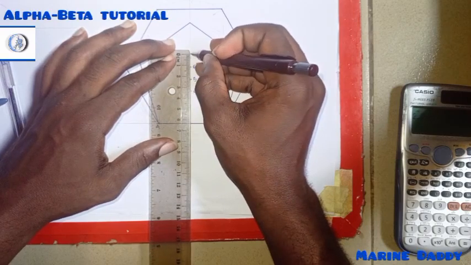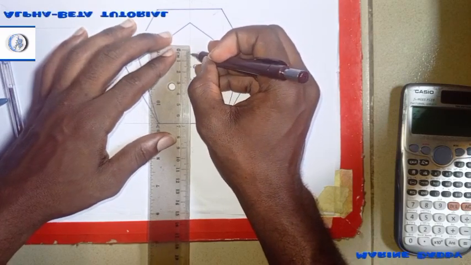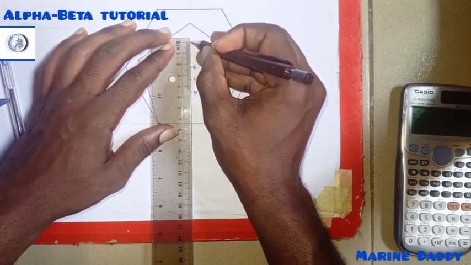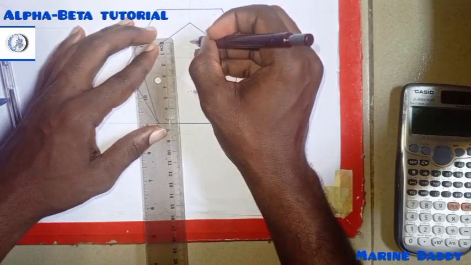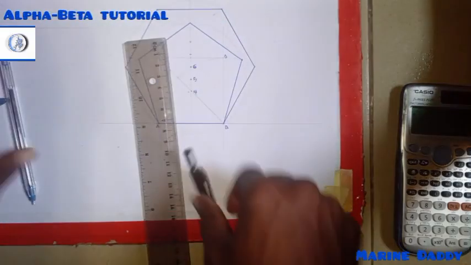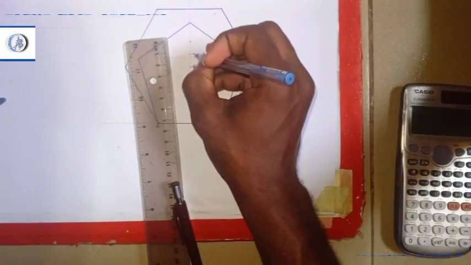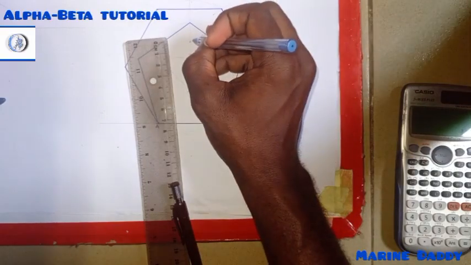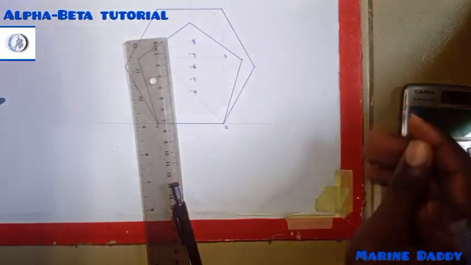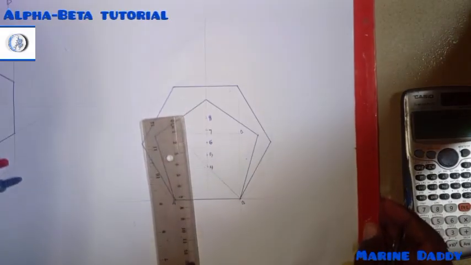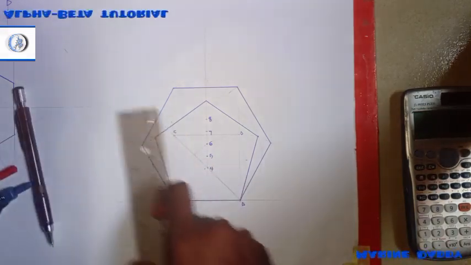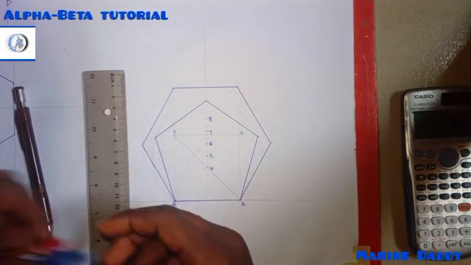So this is 1.1 and this is also 1.1. So this is for number 7 and this is also for number 8. So it's still the same process.